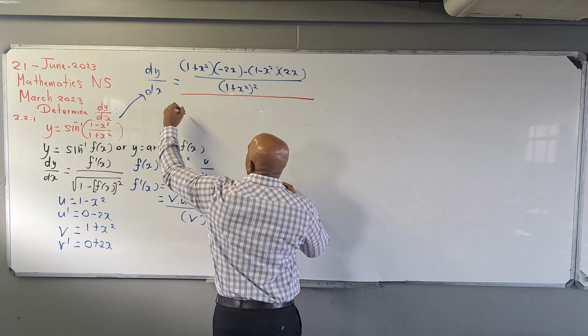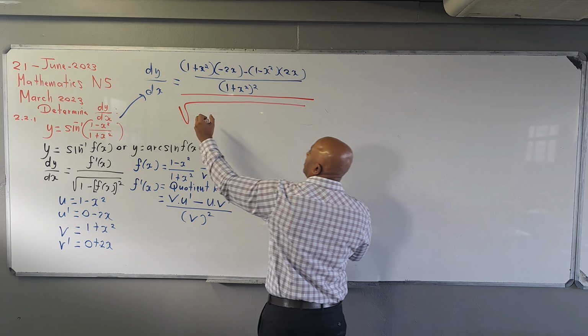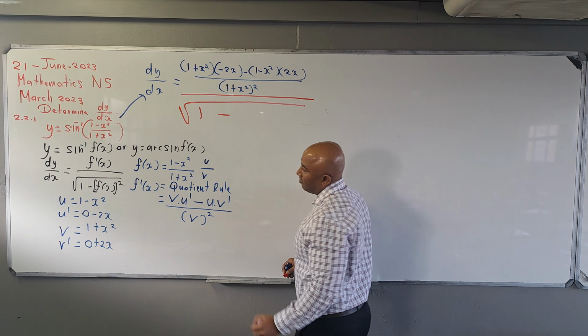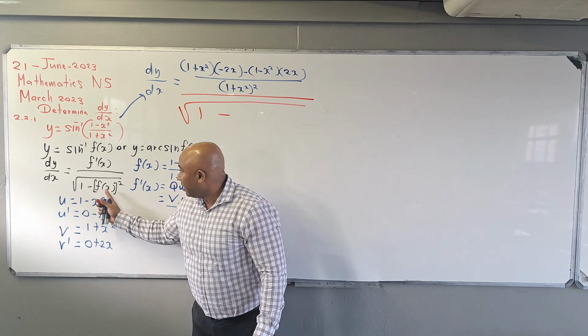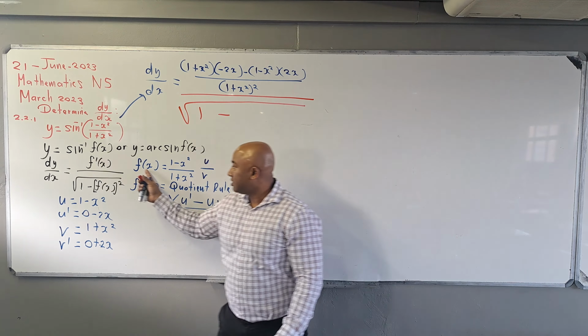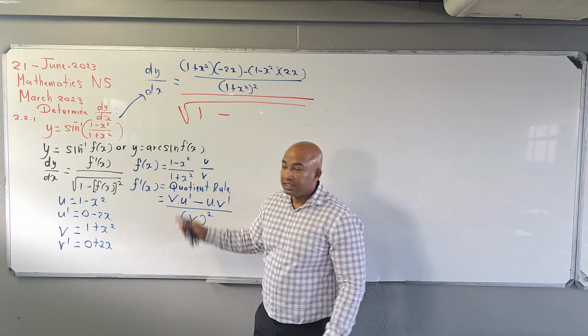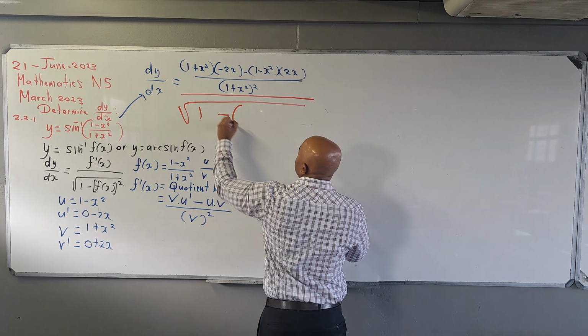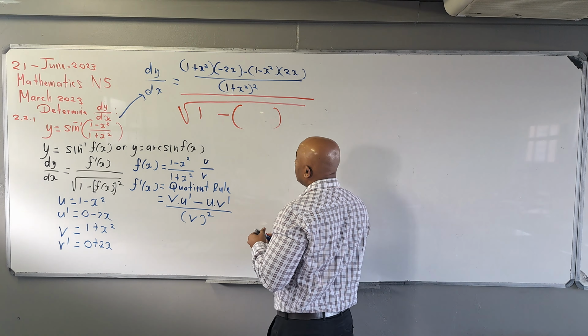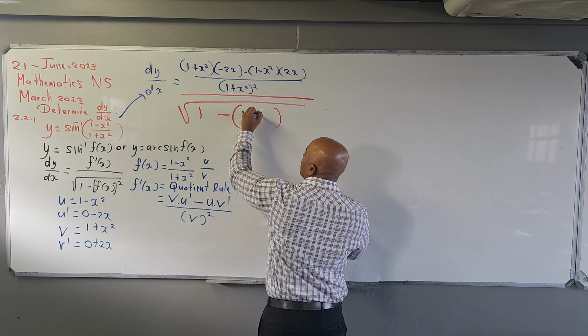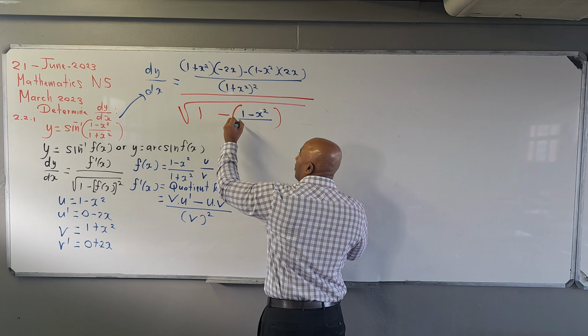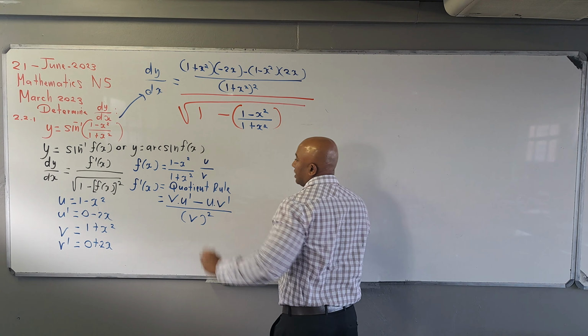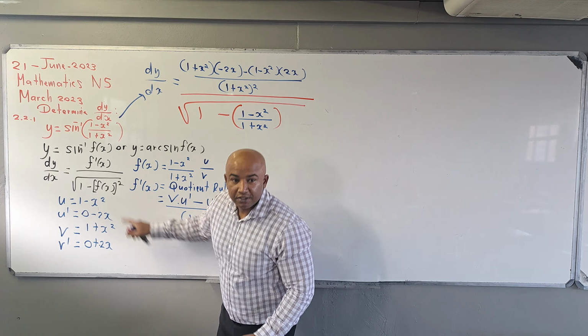What is f of x? F of x is this part here. So there's my f of x here. You're clear with that? So my f of x is 1 minus x squared all over 1 plus x squared, and it is squared.